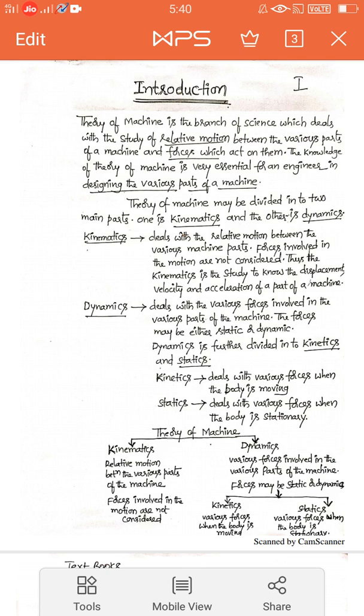What is a mechanism? What are the different types of mechanisms, which includes both simple mechanisms and the straight line motion mechanisms.